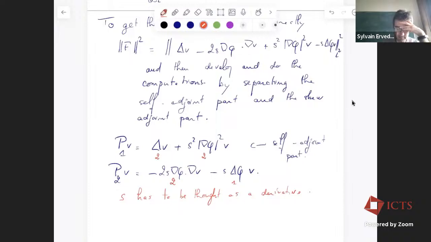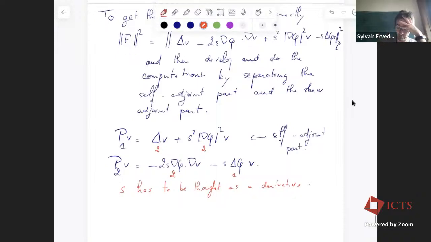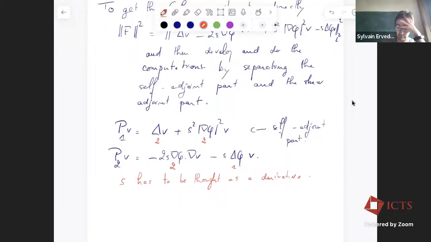Laplacian is 2 derivatives in space, so this is order 2. And then S squared is of order 2. For the first term in P2V, you have S gradient of V. So S is like 1, gradient of V is like 1. So at the end, you get 2. But the last one looks like it is of order 1. So you can do pretty much whatever you want with this term.